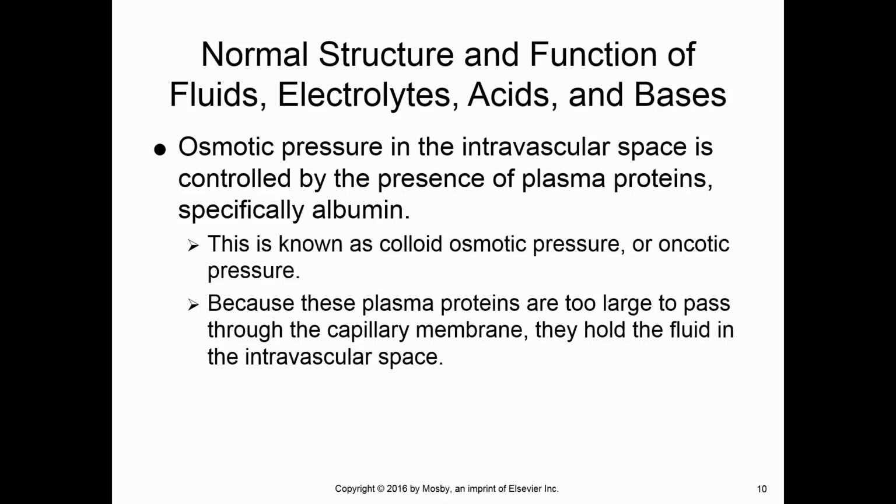Now, they can come out of the vascular space, and usually that is a result of some sort of trauma to the vessel. Just think of the patient with a severe decubitus ulcer, or a tunneling ulcer, or a fourth stage ulcer. That's a case where a patient can lose these plasma proteins.